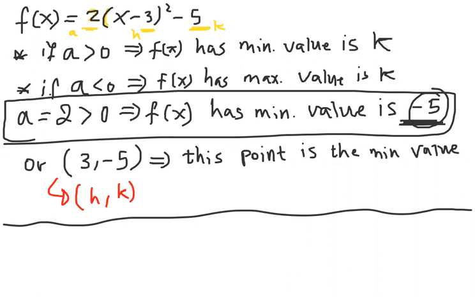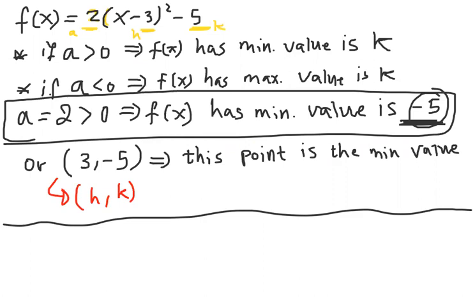If a is less than 0, so it's negative, that means f of x has a maximum value. But here in my question, a is 2. That means it's positive, greater than 0.